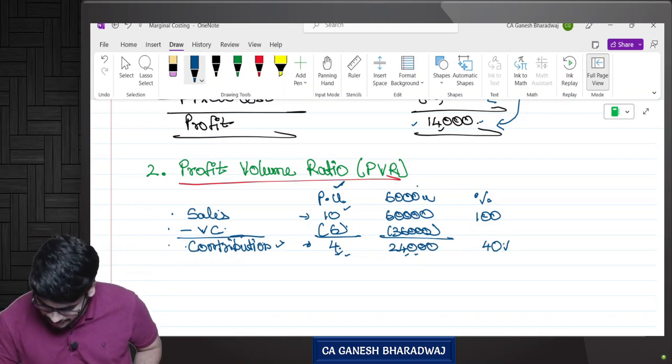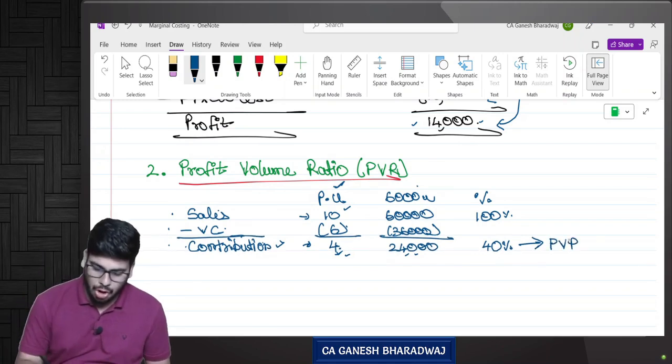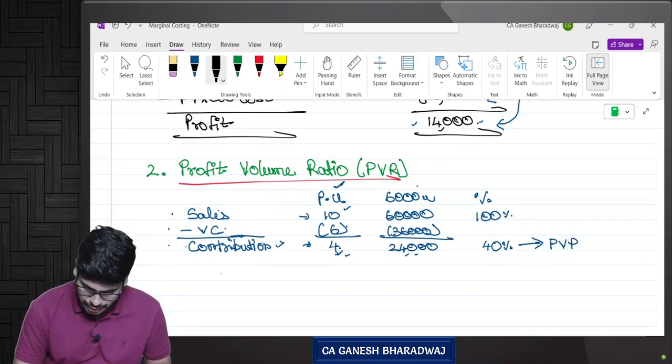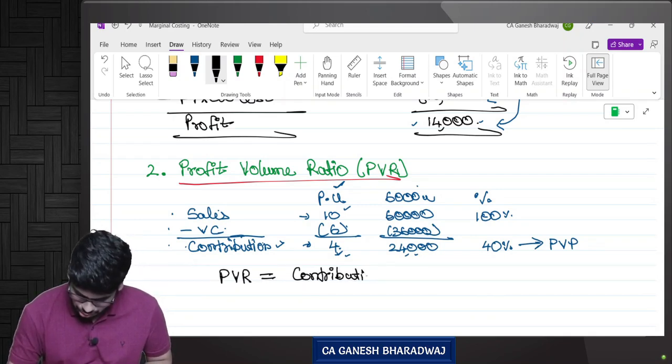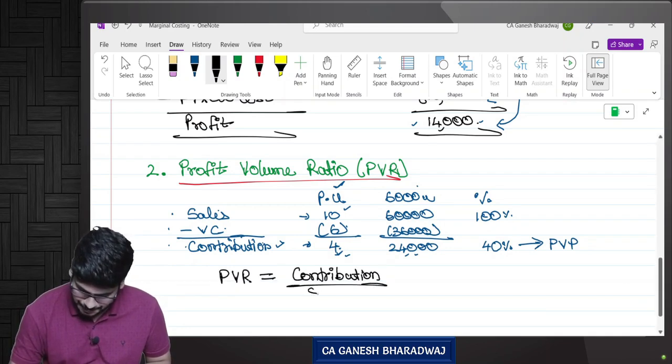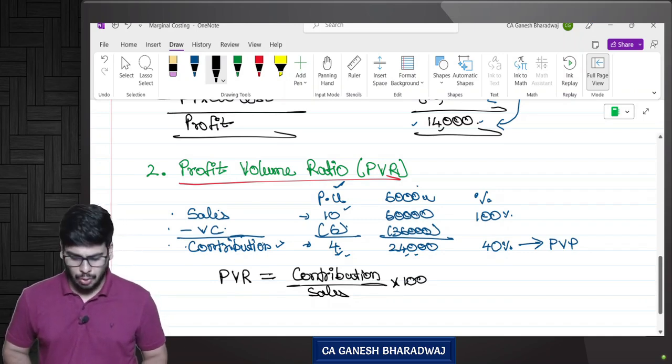So in this case, this 40% is called PV ratio, or in other words, PV ratio is nothing but contribution upon sales into 100.